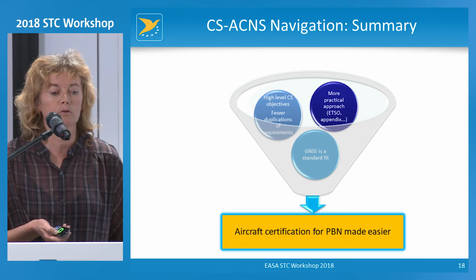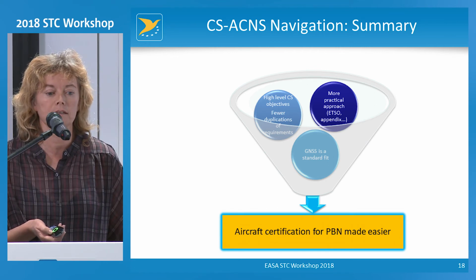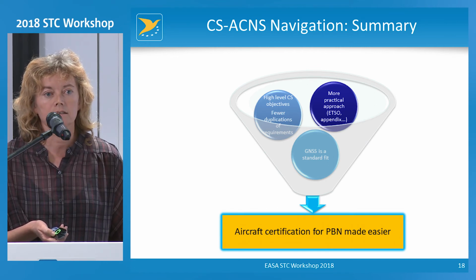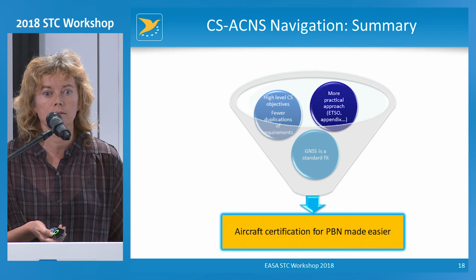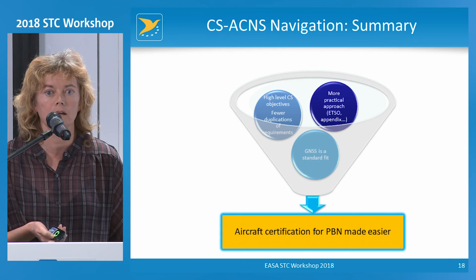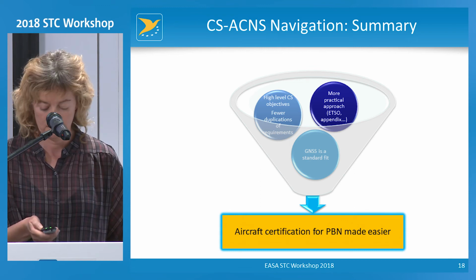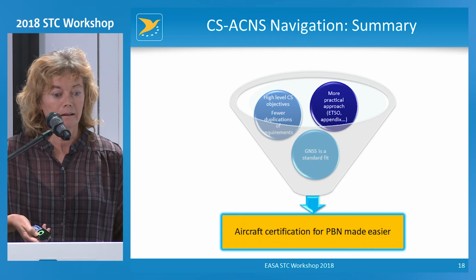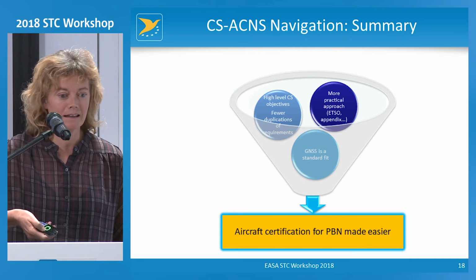A more practical approach, taking benefit of ETSOs, and recognizing that in most cases GNSS is the standard used. So the final objective is to make aircraft certification for PBN much easier. And I think this is the last slide.